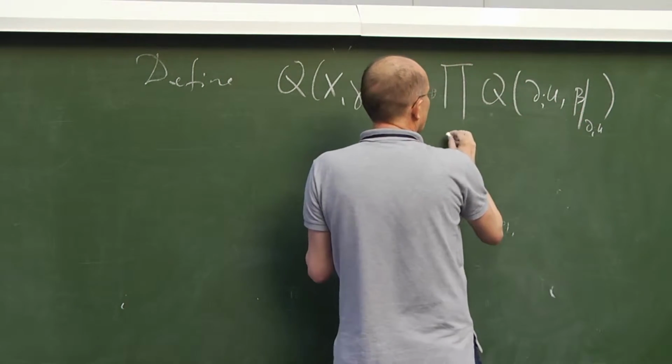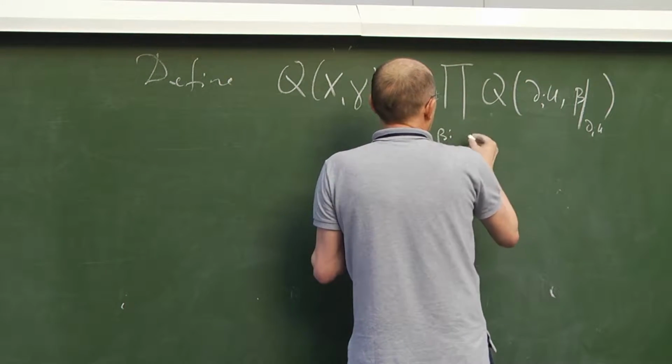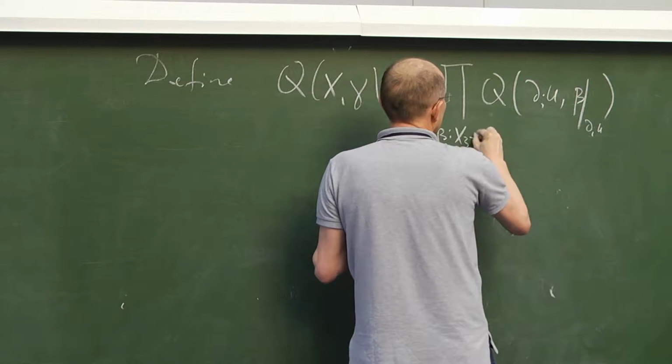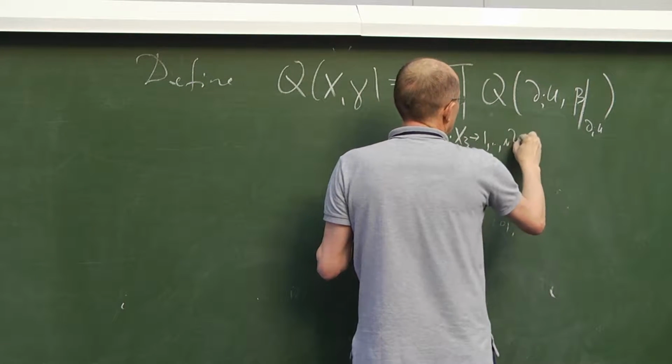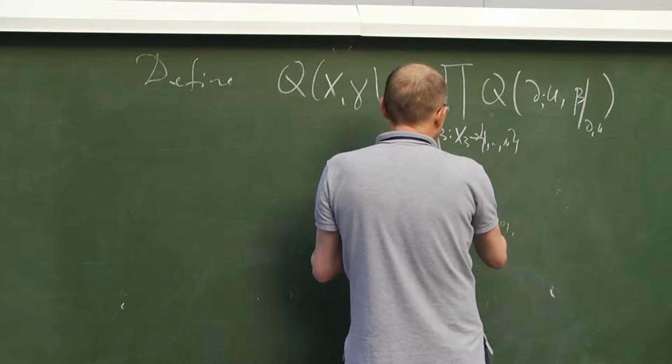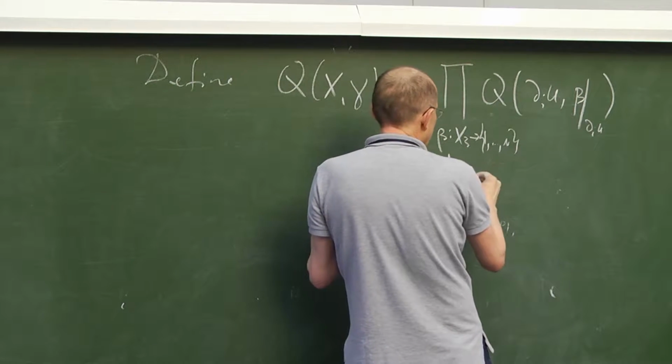And here I sum over beta maps from X_3 to the index set, with the restriction that beta restricted to Z, which is the boundary of X, is gamma.